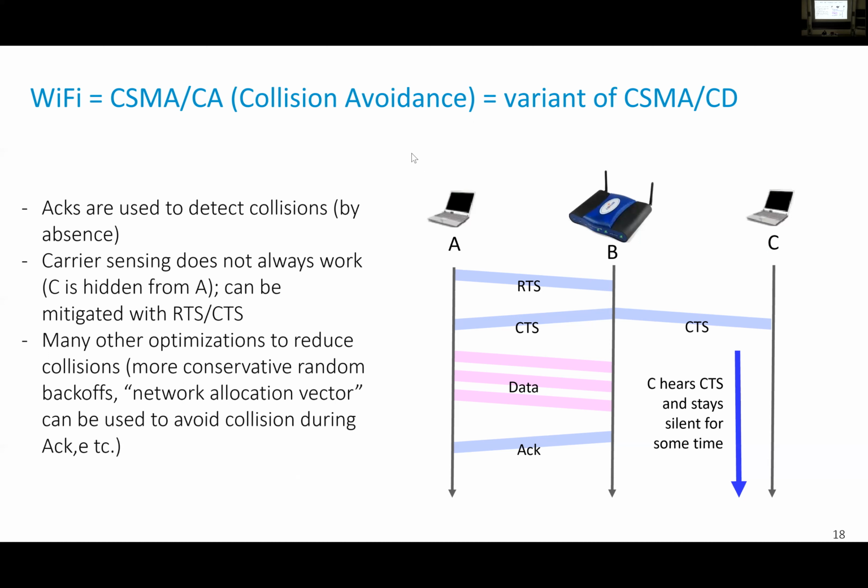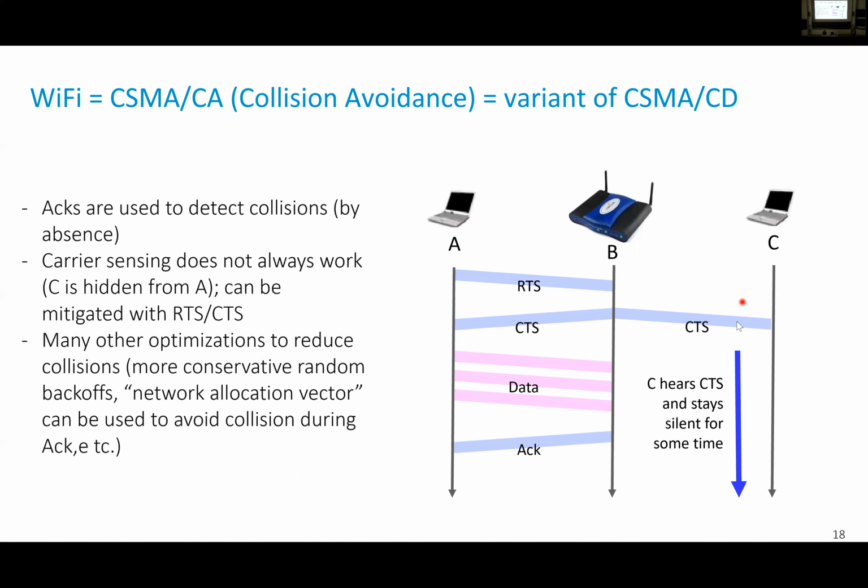And the zillions of optimizations that I've mentioned are trying to mitigate this problem. One of the mitigations is to use RTS-CTS, which may or may not be used. There is a dispute on whether this is useful or not. It's useful in many settings, but not all. The RTS-CTS is the idea that you send a very short message first, when A sends to B, for example, and this message is acknowledged, that's the CTS, but it's acknowledged to everyone, like it must be done on every shared medium access, which will amplify the range of A. In particular, if the problem was that C could not hear what A is saying, this problem will go away.